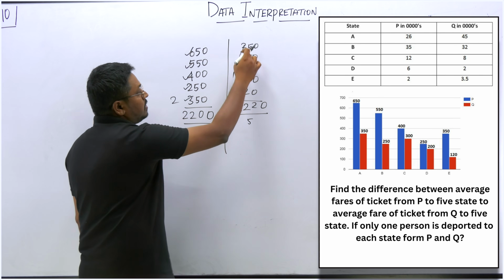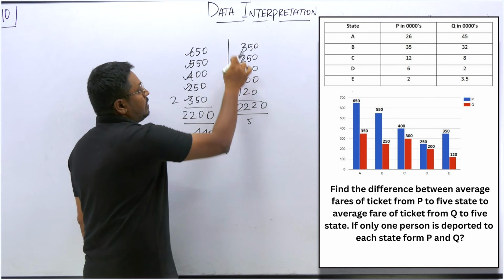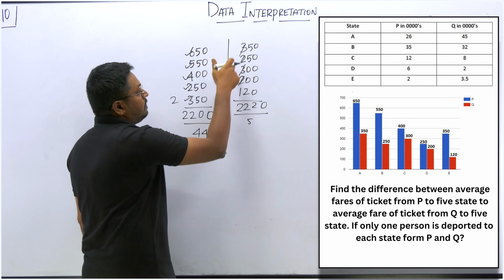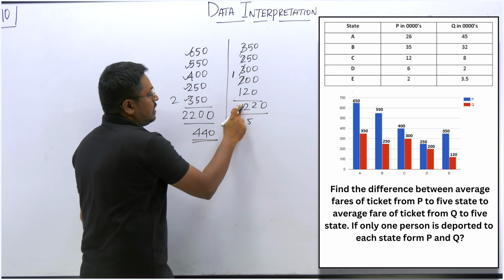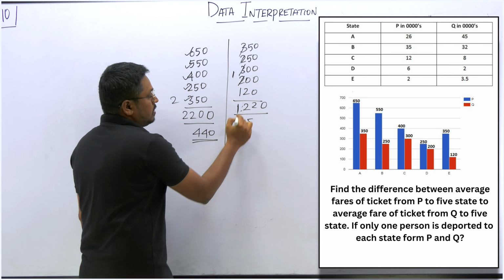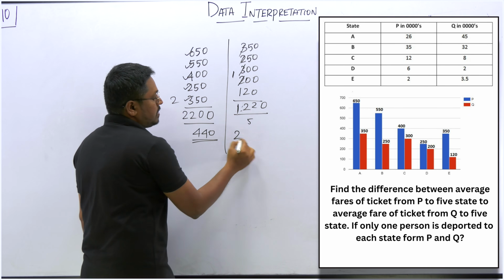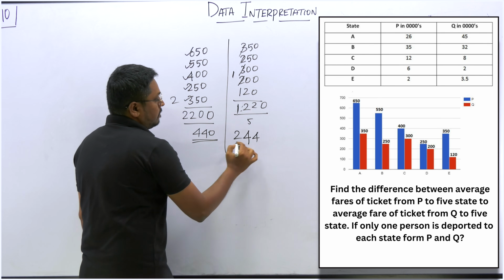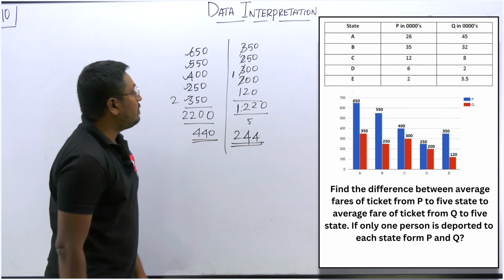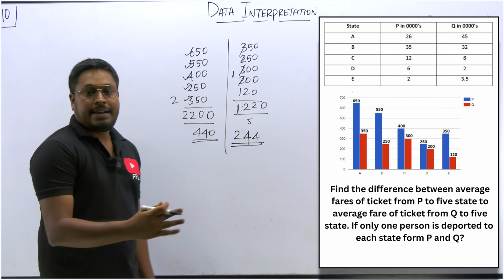Just a minute. So 0, 5, 5, 10, 12, remaining will be 1. So 3 plus 5, 10, 11, 12. Actually it is 12, right? 1, 2, 2, 0. So 5 2s are 10. 244, right? So 244 will be the average for the second state, that is Q.